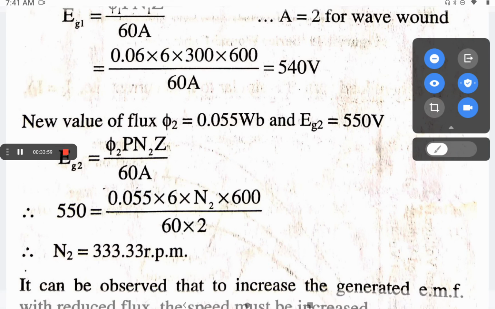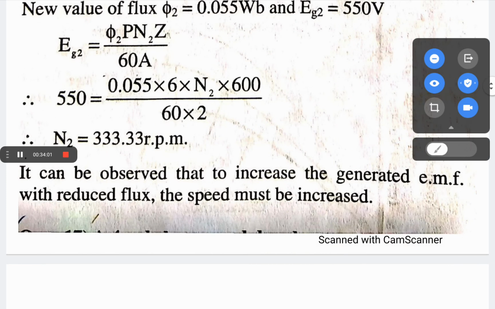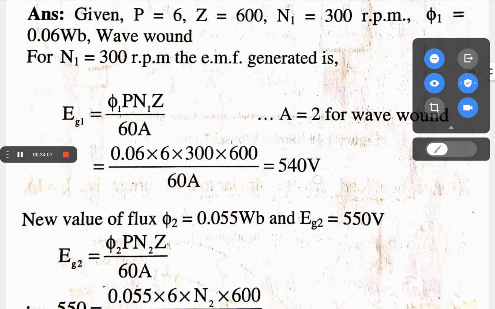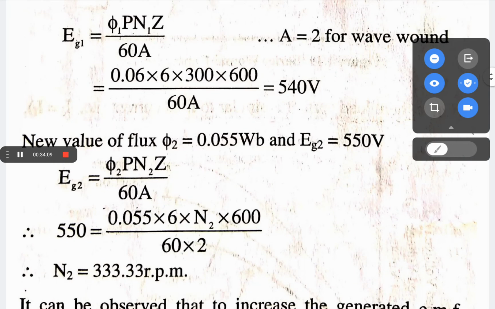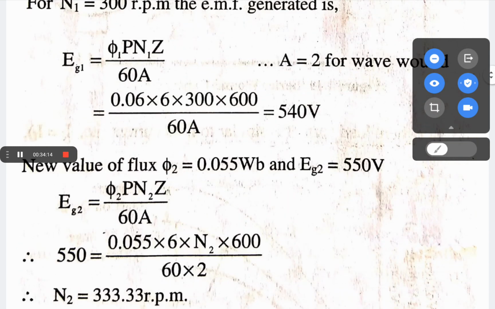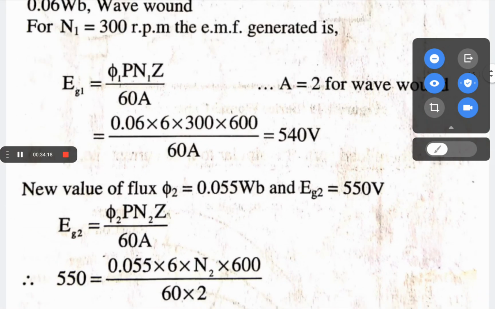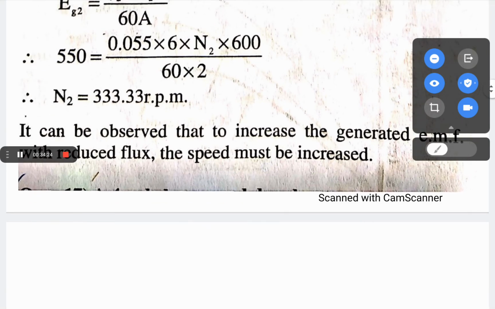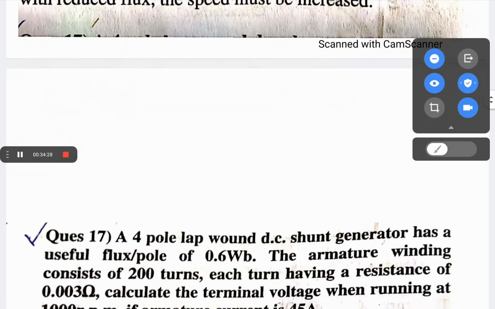Then you can find out N2, that you get 333. So it can be seen that here first you got voltage as 540. When you increase your generated EMF, the speed was initially 300. Now it becomes 333. So speed must be increased when generated EMF is increased by reducing flux.